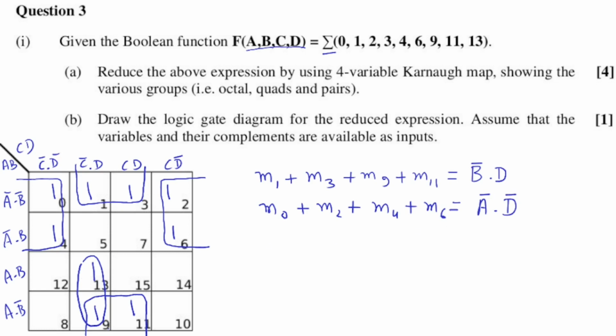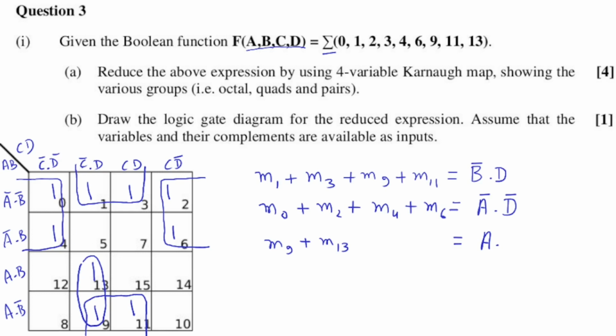Now we are left with this pair, that is m9, m13. So we'll first write here m9 plus m13. And this is going to reduce to, let's see, A is same, B is changing, so A will remain.